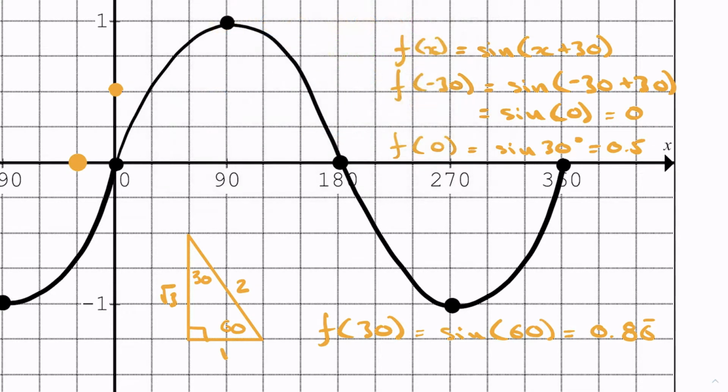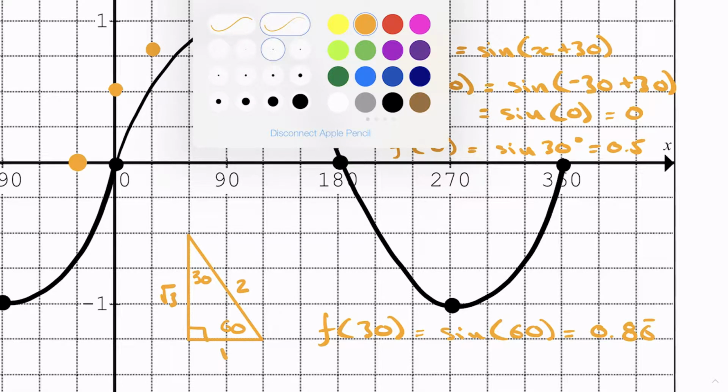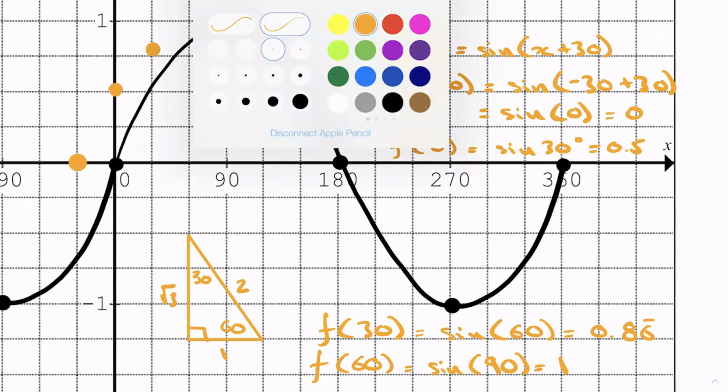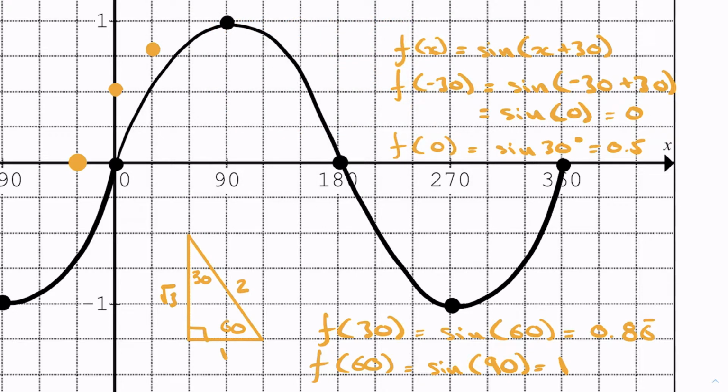And if I plot that, I get at 30, 0.86, which is roughly over here, a bit too big. Okay, looks like we have a little bit of a pattern. f of 60 is going to be sine of 60 plus 30, or sine of 90, which is equal to 1. If I plot that in, I'm going to be up here.